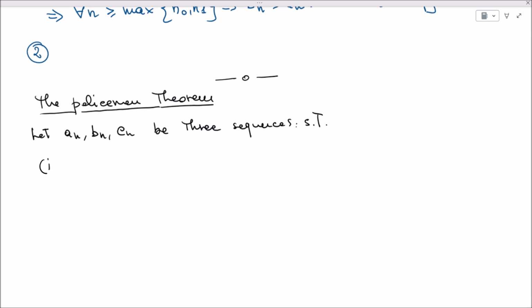we have two conditions to satisfy. an is less than or equal to bn, less than or equal to cn, and this must be true definitively.